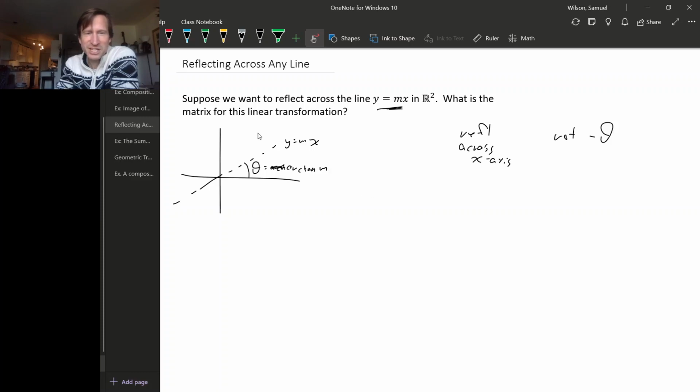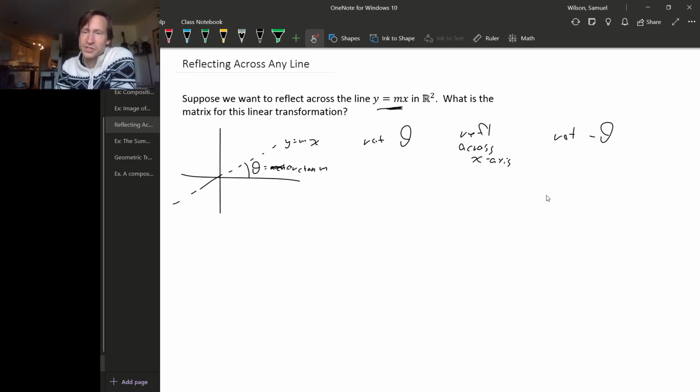That will achieve the reflection across the line. But then we need to rotate again to get our line from the x-axis back to the line we started with, so we rotate by the angle theta. So we're tipping the line until it's convenient, doing the reflection in the convenient place, and then tipping the line back to where it started.